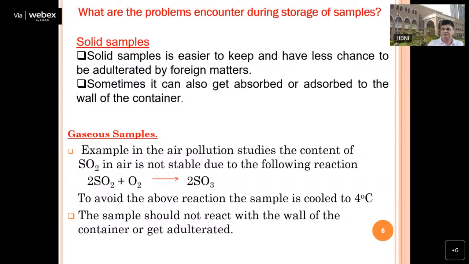Whatever sample you have collected, during the time lapse between collection and measurement, you should not lose the identity of your analyte, nor should it get lost or contaminated by the outside atmosphere.